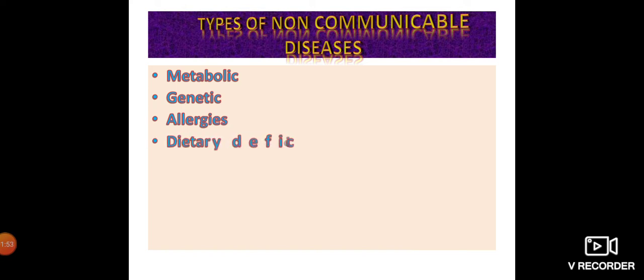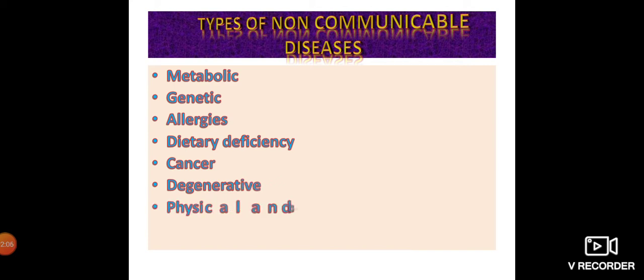They are metabolic, genetic, allergies, dietary deficiency, cancer, degenerative, which means due to aging, then physical and chemical agents, and mental illness.